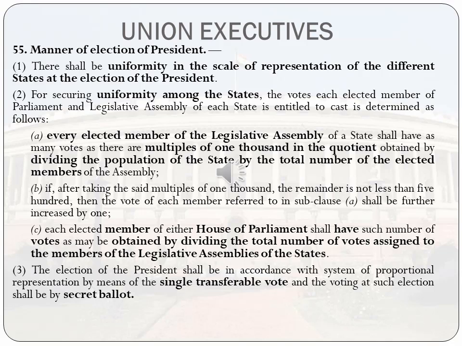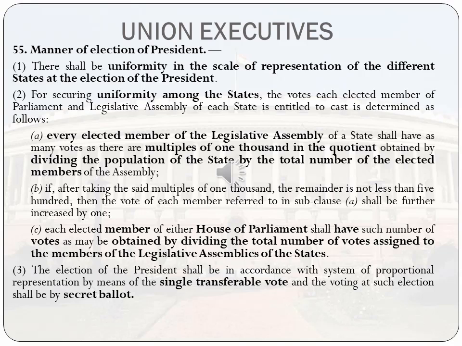So the literal meaning is the population of the state and the members of the assembly have a direct relation to the number of votes that can be cast by a member of that legislative assembly. If, after taking the said multiple of 1000, the remainder is not less than 500, then the vote of each member will be further increased by 1. So it will be converted to the nearest whole number if it is above 500.